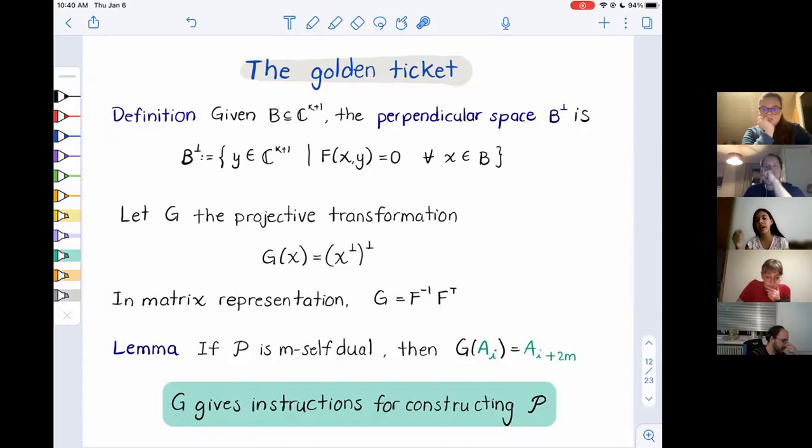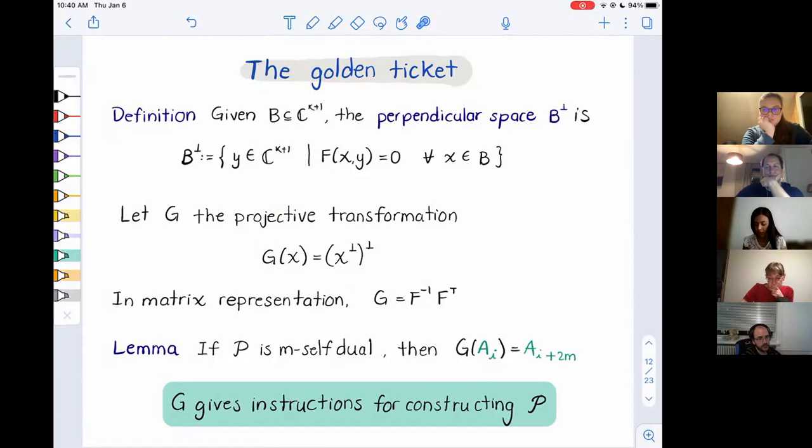In particular, if I have that bilinear form F, I can get this projective transformation, which acts as a cyclic permutation of the vertices, and use it to reconstruct my polygon P.